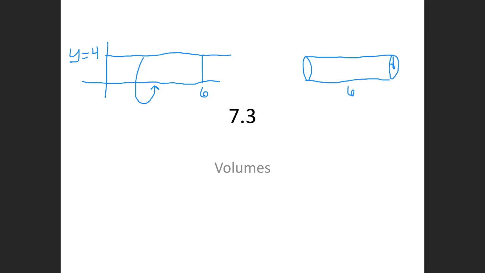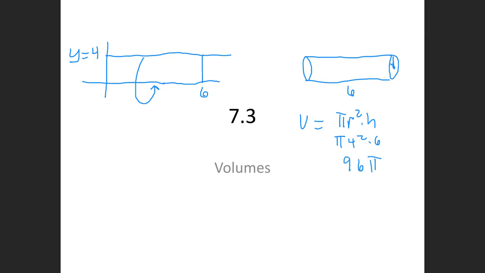So in order to find the volume of a cylinder, it's just pi r squared times height. We don't divide by 3 because it's not a pyramid or a cone. So in this problem, this would be 16. So pi 4 squared times 6. So that's 16 times 6, which is 96 pi.